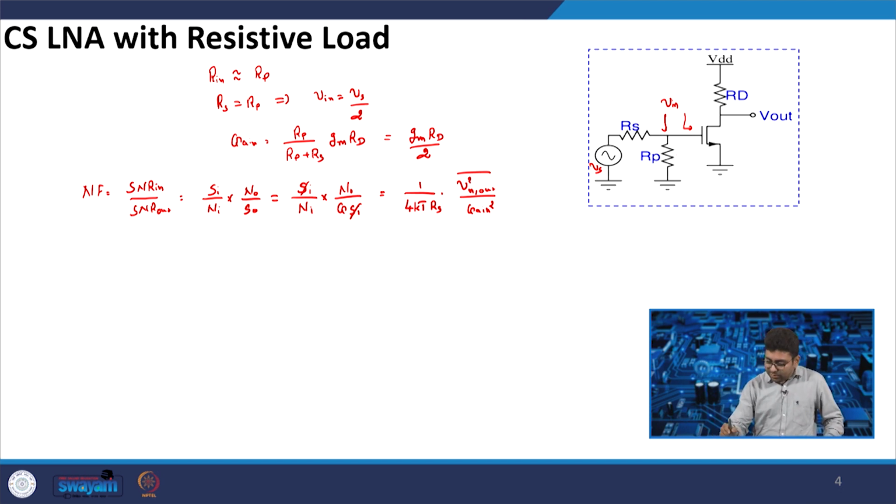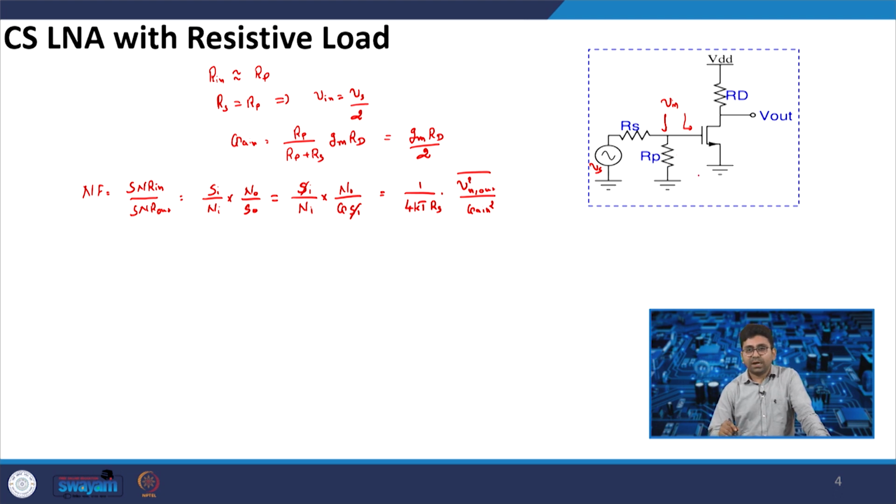For this we need to find Vn square out. So, how can we find out the Vn square out? First we need to find how many noise sources there are in the circuit.